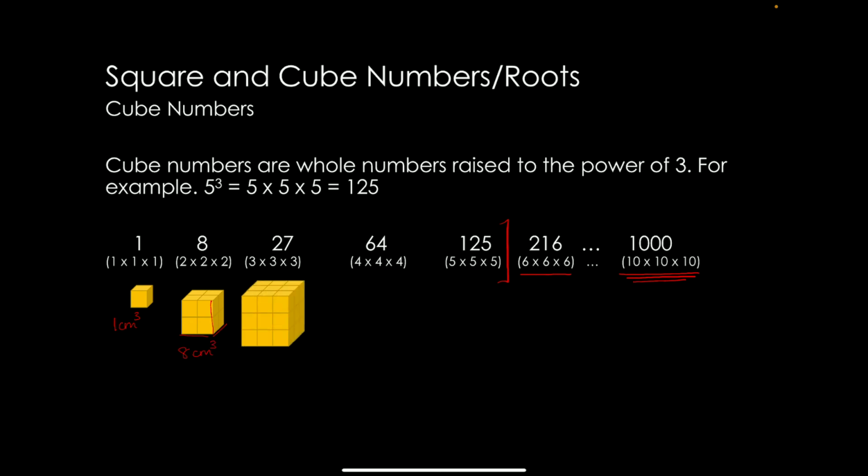And the same if you had a 3 by 3 by 3, it would give you 27 centimetres cubed. And 4 times 4 times 4 would give you 64 centimetres cubed, and so on and so forth. Okay, so you just must remember that a cubed is multiplied by itself 3 times, not times by 3.